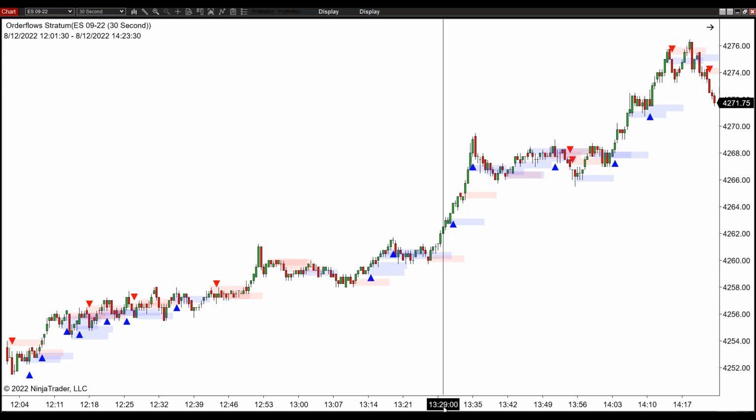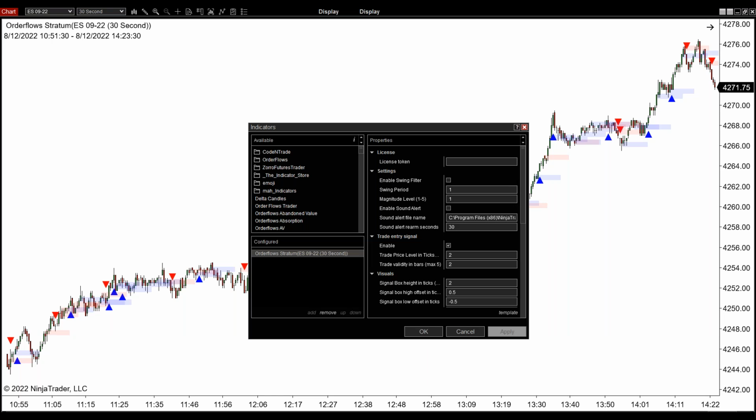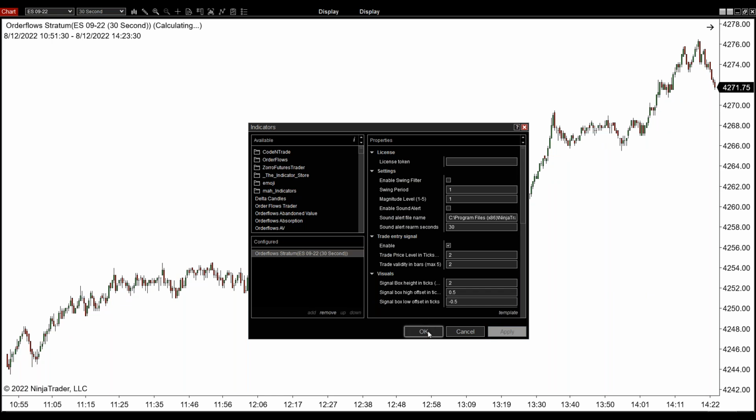Okay, here, Antonius, what's the setting I got here on this 30-second chart? This is set to 1, which is the bare minimum. Let me turn off these zones. At 1, you're going to get a lot of signals.